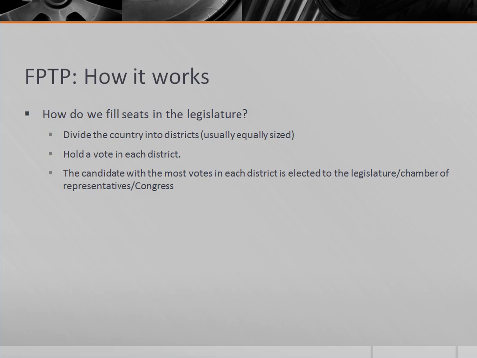In the United Kingdom, where first past the post essentially originates, which we inherited their electoral institutions in some ways, in the UK, you had this phenomenon in the 1800s called the rotten boroughs. The rotten boroughs were basically districts where everybody left. And they were countryside, rural districts usually, and everybody left for the cities to find jobs.